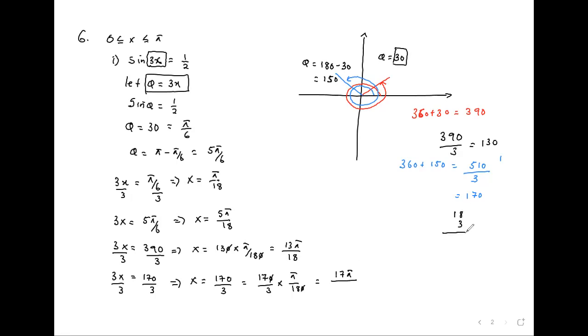Let's see. There we get 17 pi over 54. Okay. So that is what we have also here. This should be 170 for sure. Is it? It looks like it.